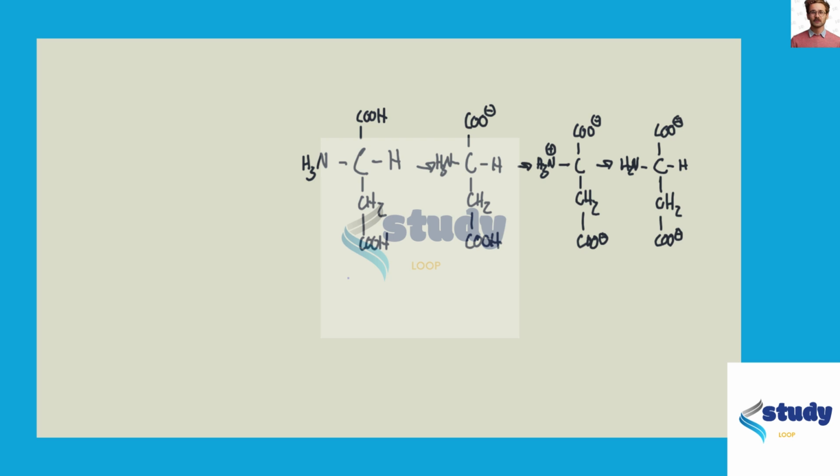So we go from a net charge of +1, and then as we increase the pH, we lose this proton, and at that point we have a net charge of 0 until we increase the pH, right?